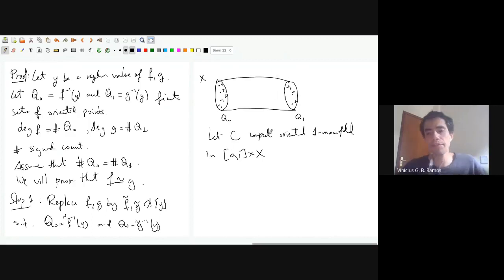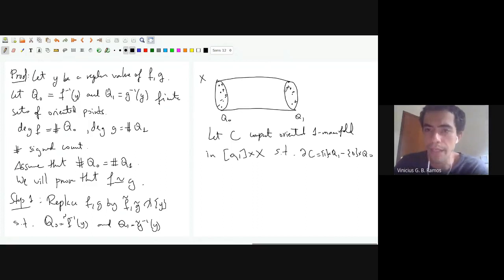And I want to choose a one manifold whose boundary is exactly the union of all these points. So such that the boundary of C is exactly Q1 times 1, and then 0 times Q0 with the opposite orientation.